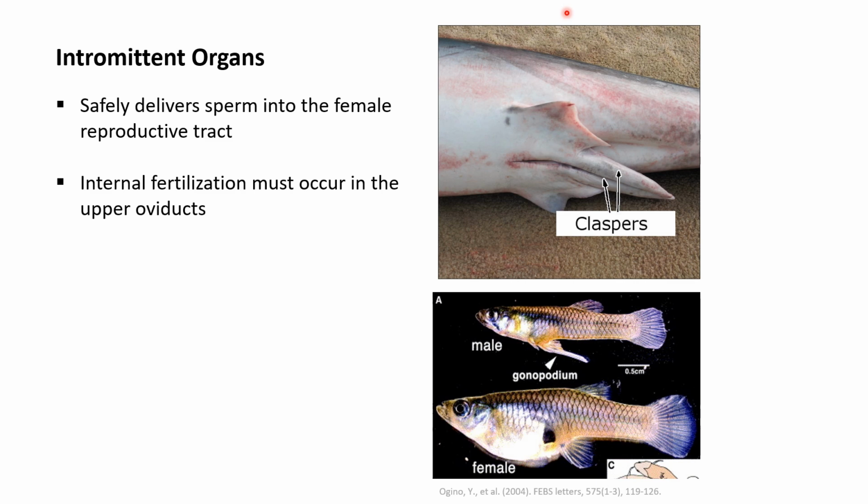So in male elasmobranchs, typically they have claspers, which are made from pterygophores of their pelvic fins. The claspers are used to deposit sperm into the female cloaca and also to clasp the female, as the name implies. Some male teleosts have modified anal fins called a gonopodium, which also serves to deposit sperm. So they're analogous.